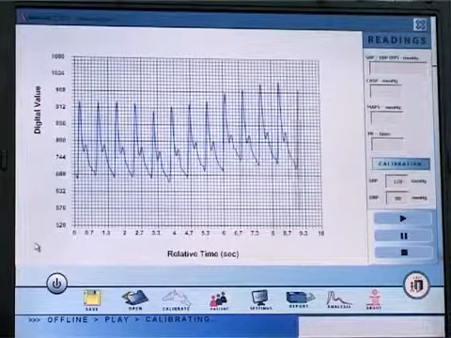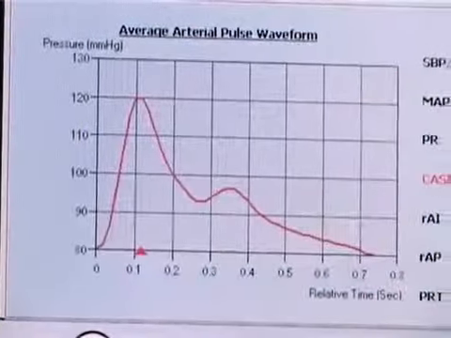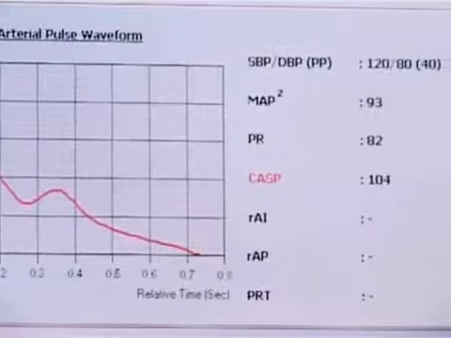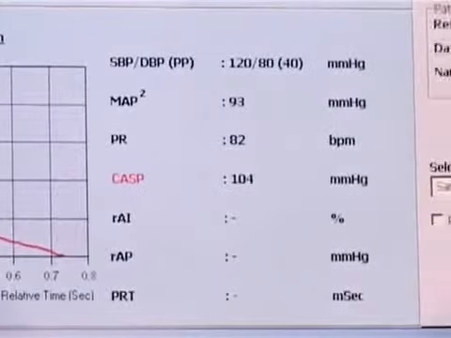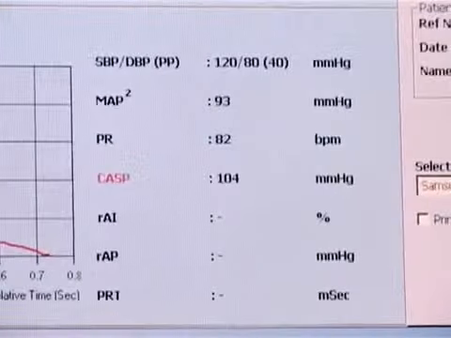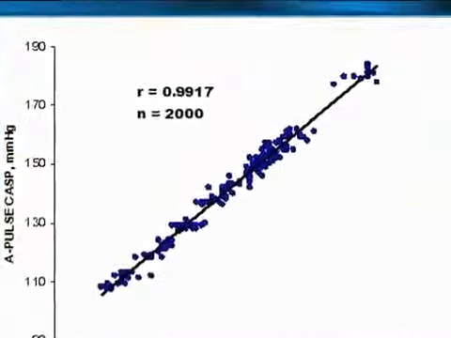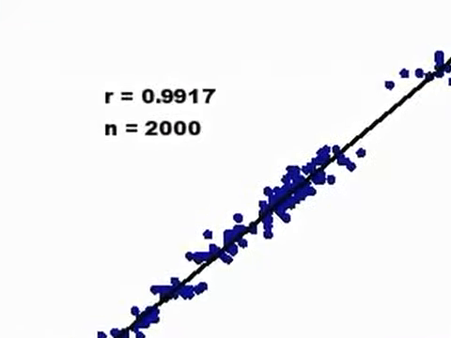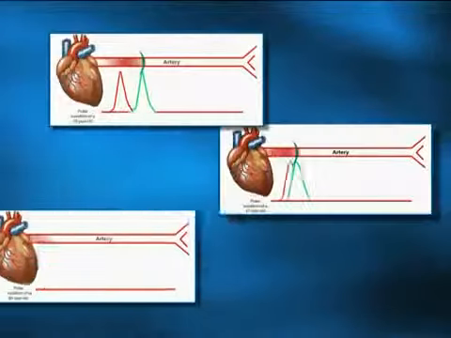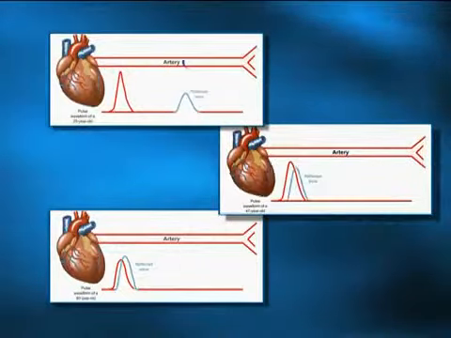We measured the central pressure here, and we read off the central pressure as calculated by the BPro. We have 2,000 patient waveforms, and the accuracy was 0.9917, which is unbelievable.